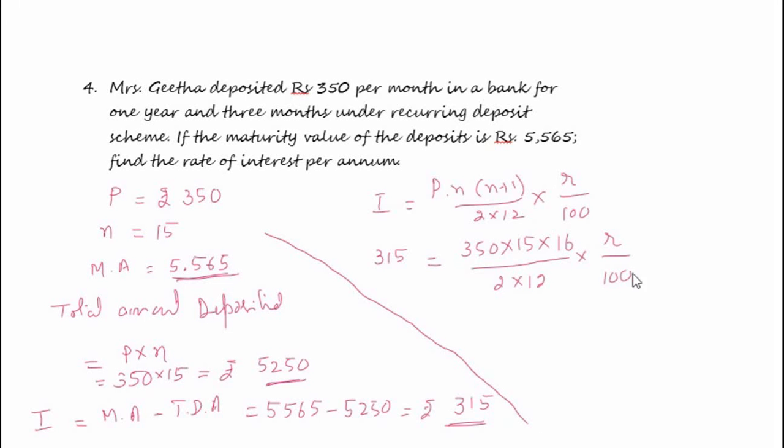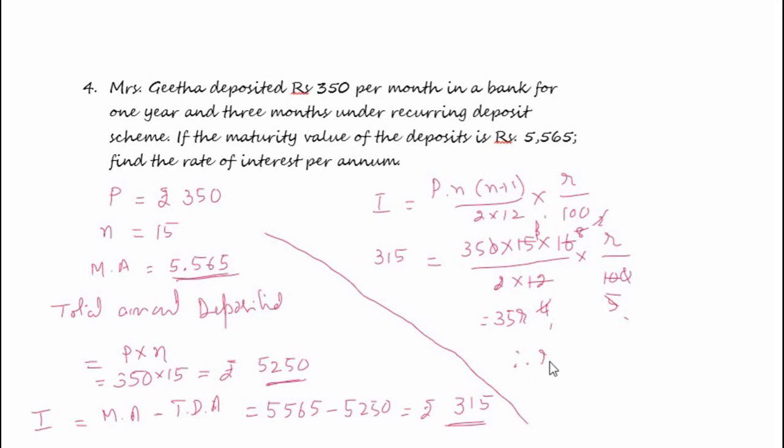So in this case, this 0 goes with this, and after cancelling the common factors, this leaves 35R. So 35R is equal to 315.